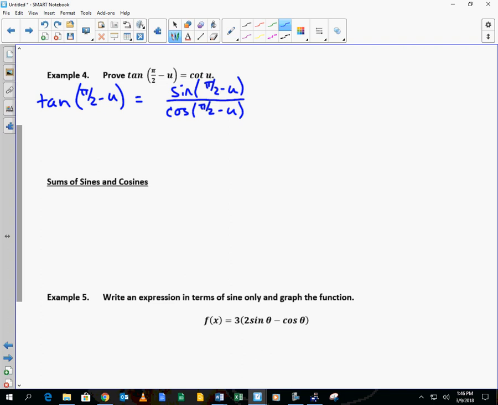Now I'm going to use my sum and difference formula. I'll do the top. Expand it. What do we got? Sine of pi over 2 times cosine of u, plus or minus sine of u.